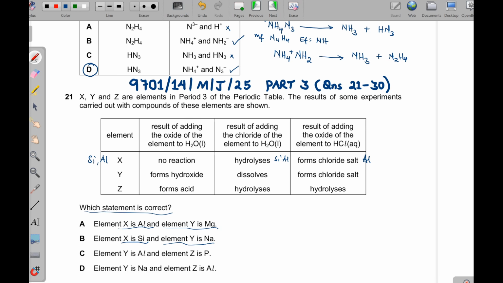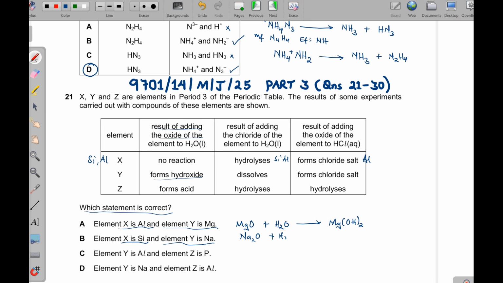Let's look at Y. Oxide of Y, when you put it in water, it forms a hydroxide. When you get magnesium oxide, plus water, indeed we shall get magnesium hydroxide. Then the same to sodium.